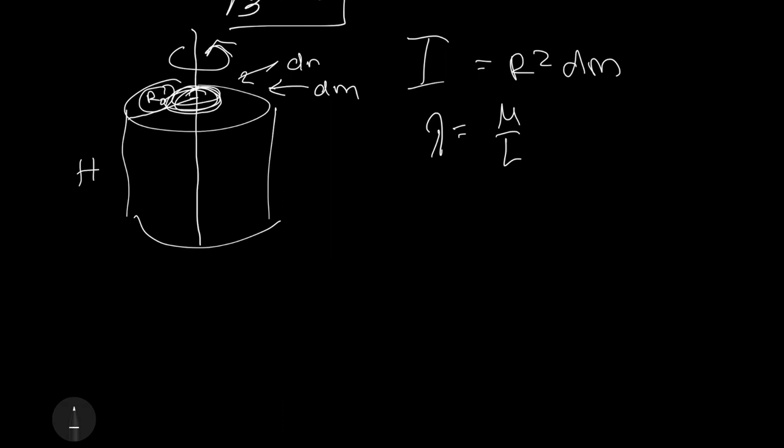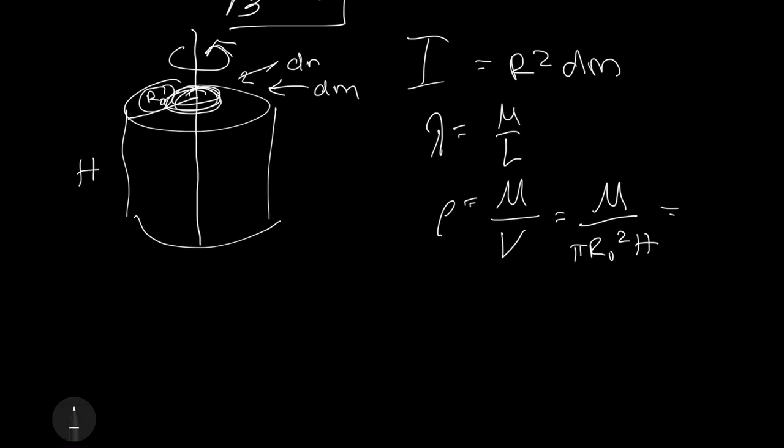Which is why we will use rho, which is going to be our volumetric mass density, so it's going to be m over v. That's going to turn into mass over the volume of a cylinder, which is pi r naught squared h.